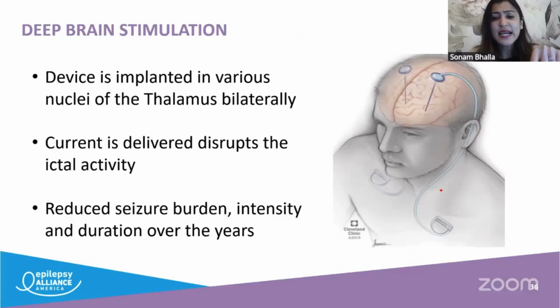And this is again a very age-old device, has been used for several years, 50 plus years, for other reasons like movement disorders like Parkinson's, essential tremors. And over the last 20 years, it has been used for epilepsy. And over a period of time, it tends to continue to work to improve seizures, all kinds of seizures. It is also invasive and approved for adults 18 and above.